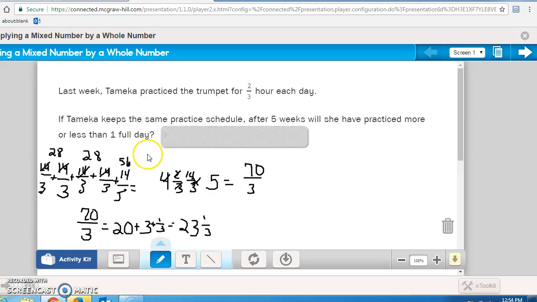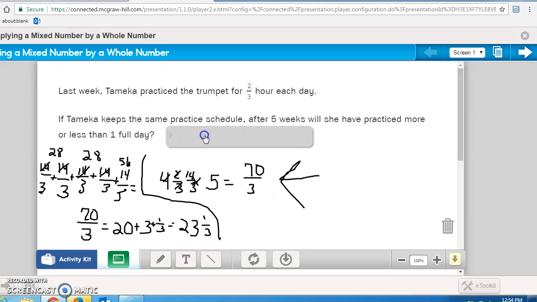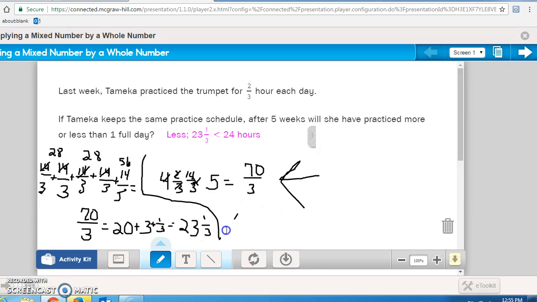So notice, either way I do it, this way by adding, or this way by multiplying, I am going to come up with the same answer. And it said, is that more or less than a full day? Well, 23 1/3 hours would be less than 24 hours, which is in a full day.